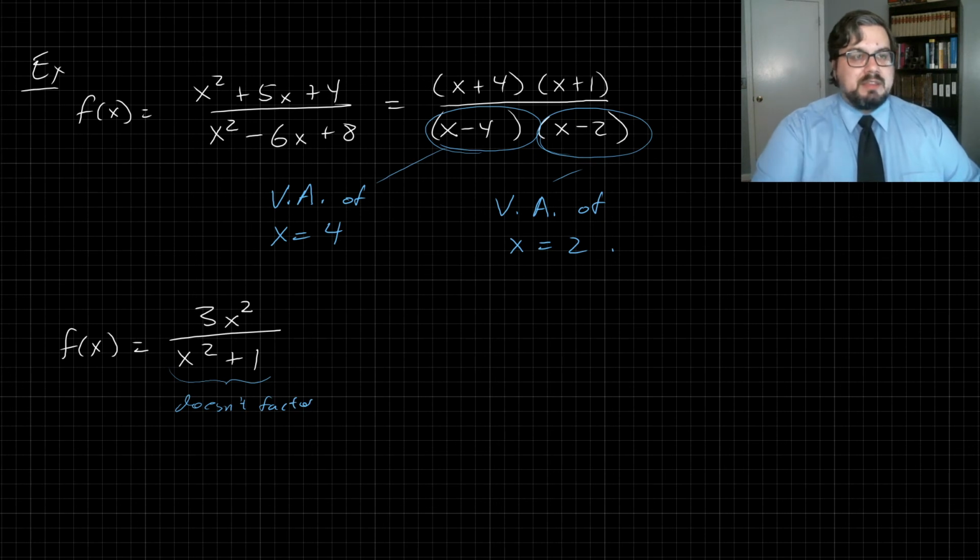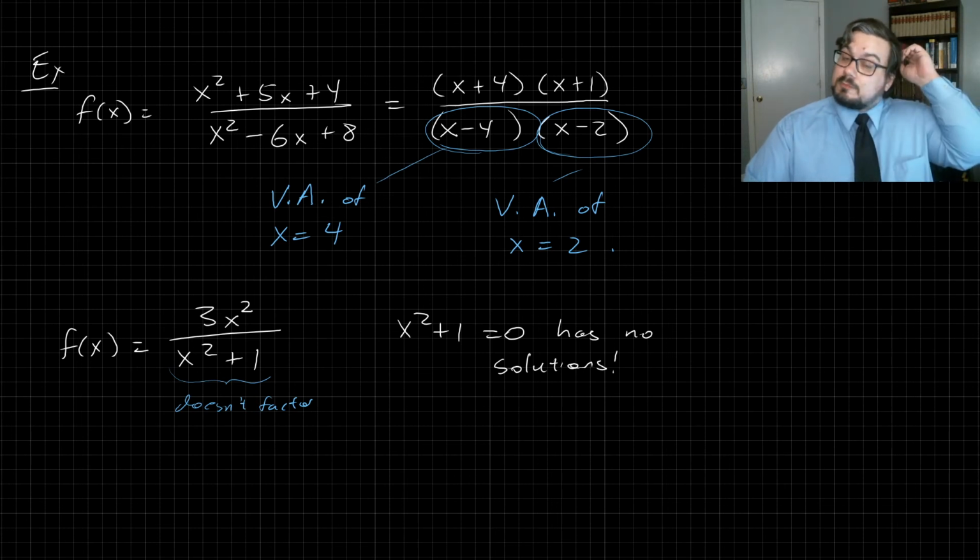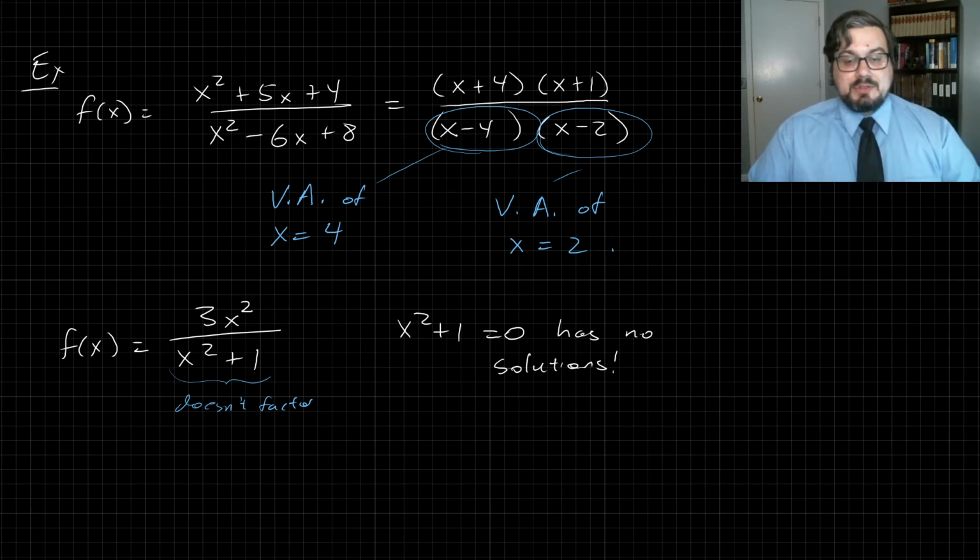Furthermore, the equation x squared plus 1 equals 0 has no solutions. And so this means that, in fact, the denominator of this function is never equal to 0, which means, well, for one thing, its domain is all real numbers, but in particular, this means that f has no vertical asymptotes.